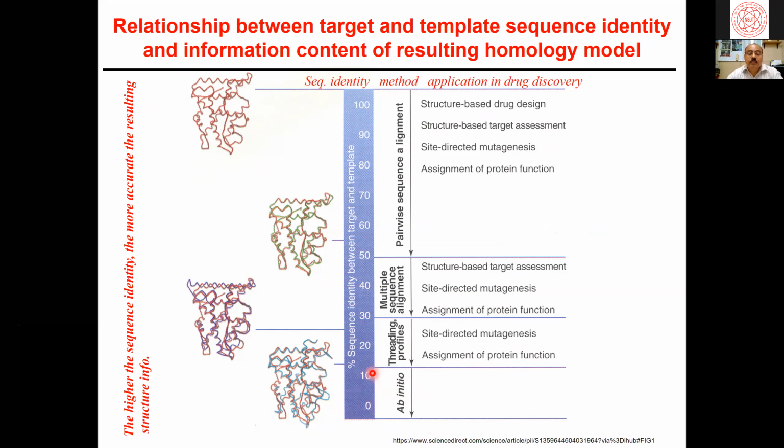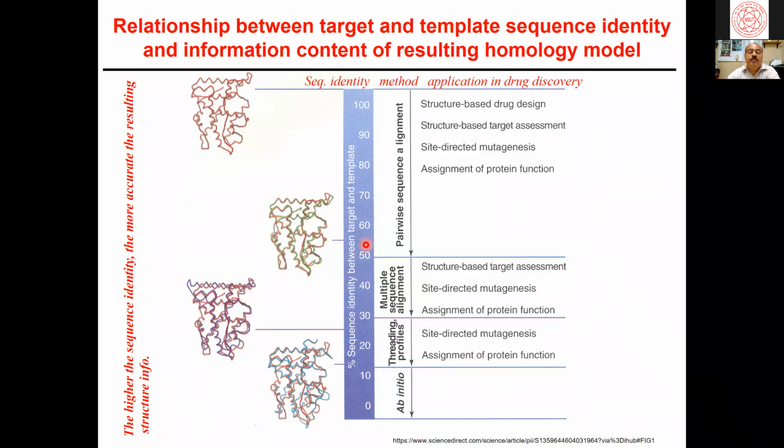With less sequence identity between the target and template, you may use fold prediction methods like threading and profiles, and the structural content you get out of these can be good enough for doing some site-directed mutagenesis studies or assignment of protein function and so on.